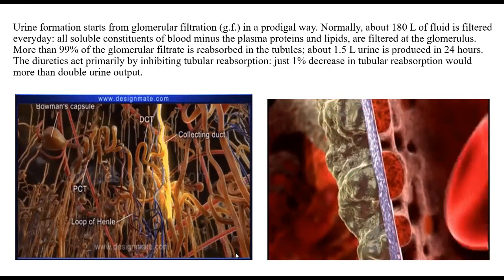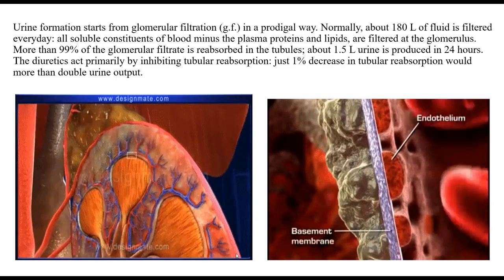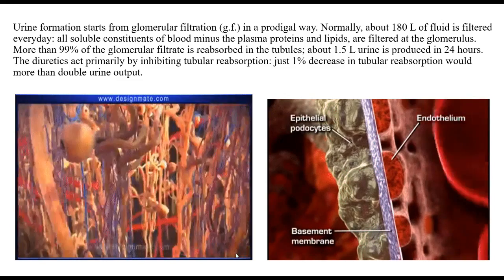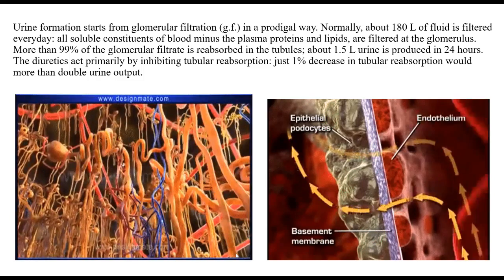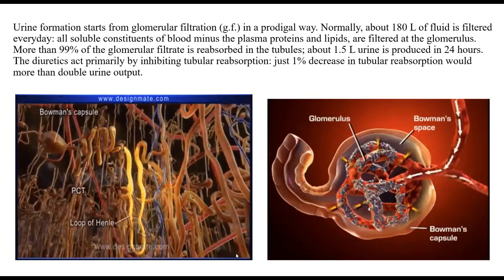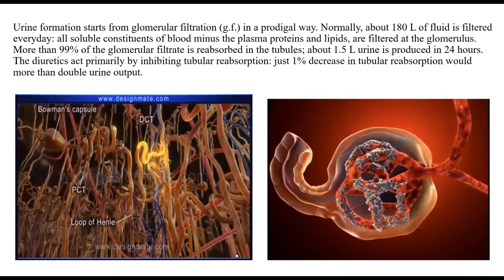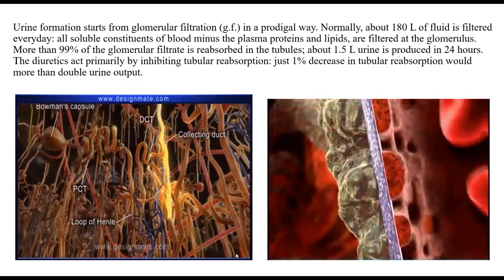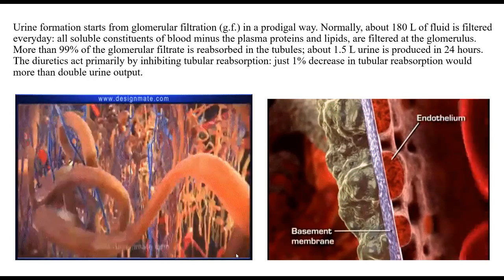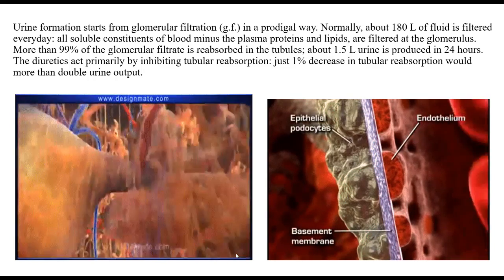Even if tubular reabsorption is decreased by 1 or 2%, it will show a huge output. When we talk about the heart, we give patients diuretics because their body has so much fluid. To get rid of that fluid, we use diuretics.